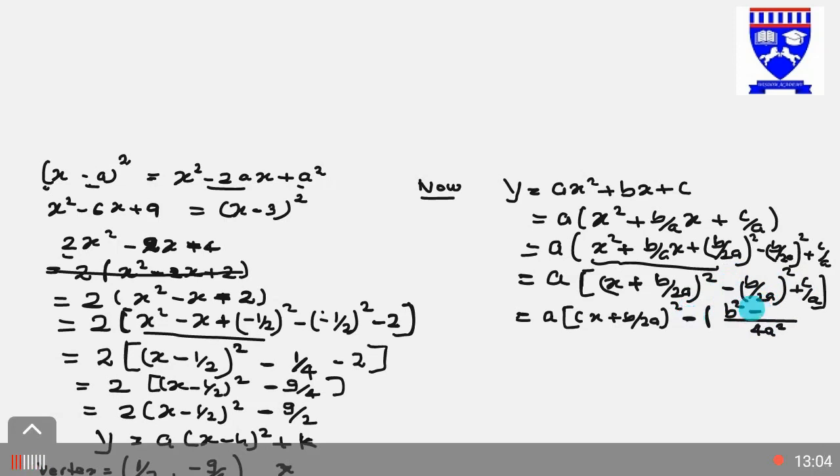Why? Minus into minus is plus. So now you have to times this one by 4a, so 4ac. Now close the bracket.